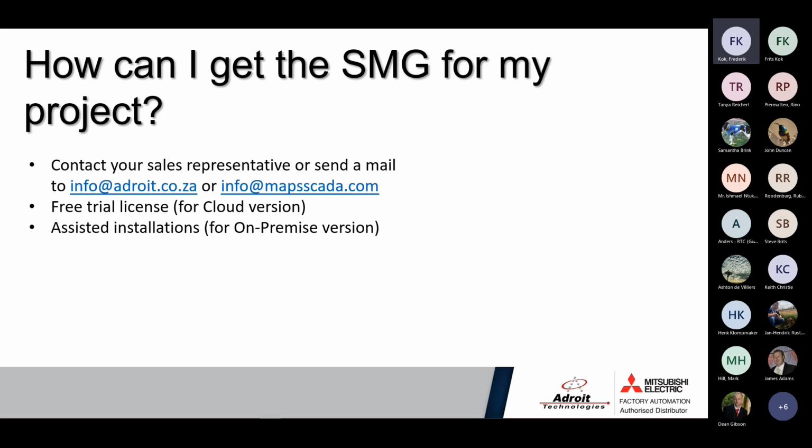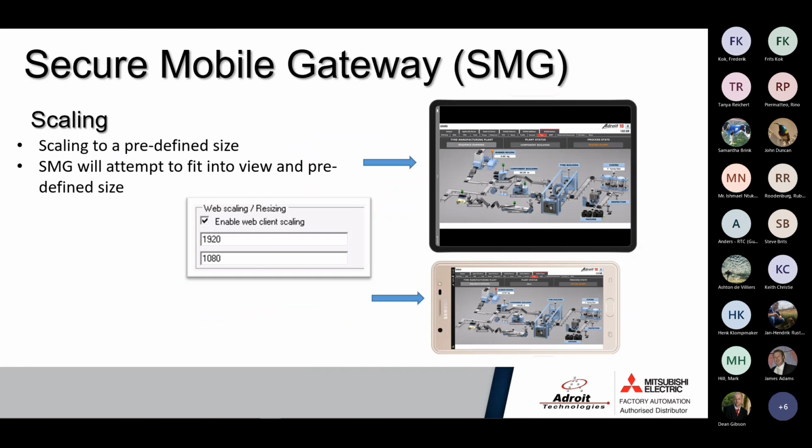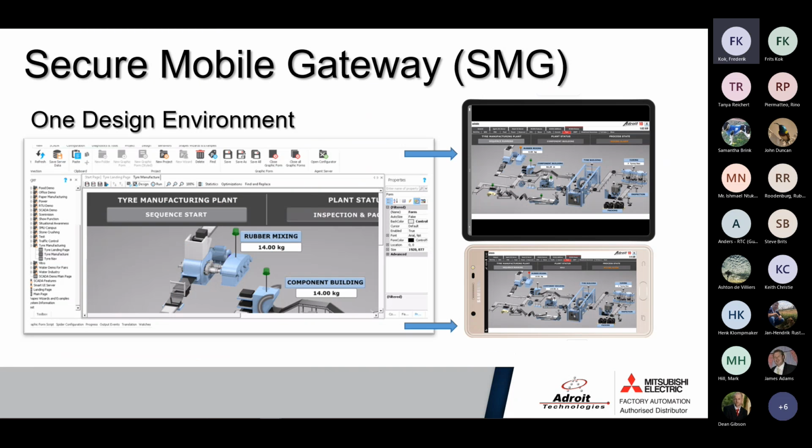The example I provided, let's just quickly go back to that one. There. So this one, sorry, I just provided the smart UI design environment. It is the same for the classic UI. You would still use the classic UI design environment for your classic UI project. It's not a separate one for the secure mobile gateway. You can use the same one.